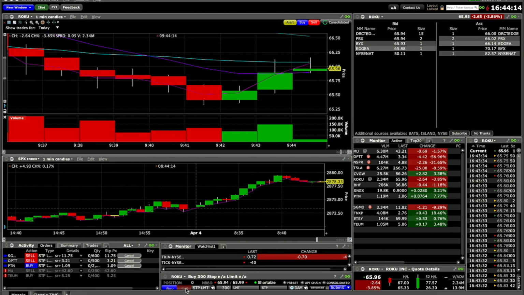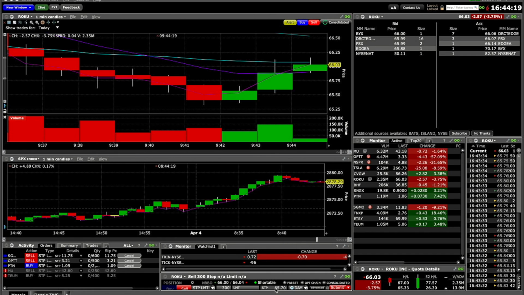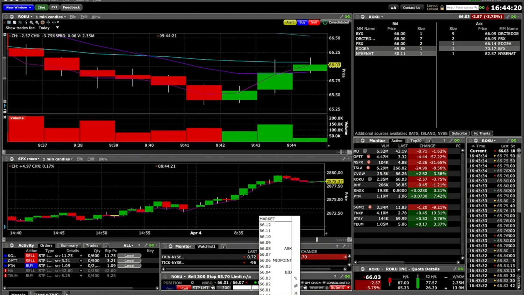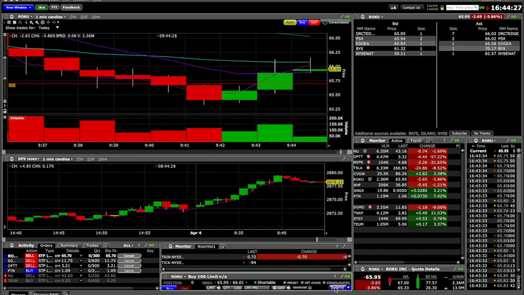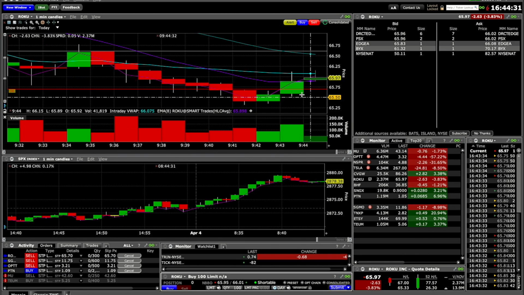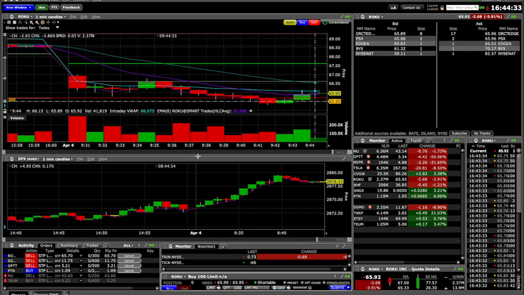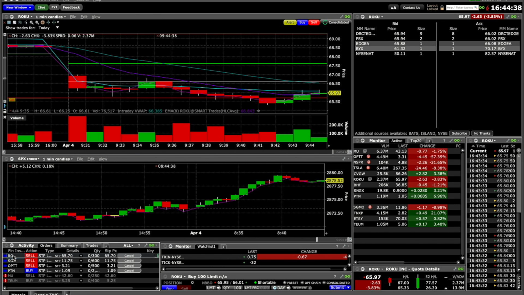No. Okay. It's just 40 cents. 40 cents stop. And you can see the VWAP there supporting as well. So it will not give too much breathing room. It's looking amazing for a short.